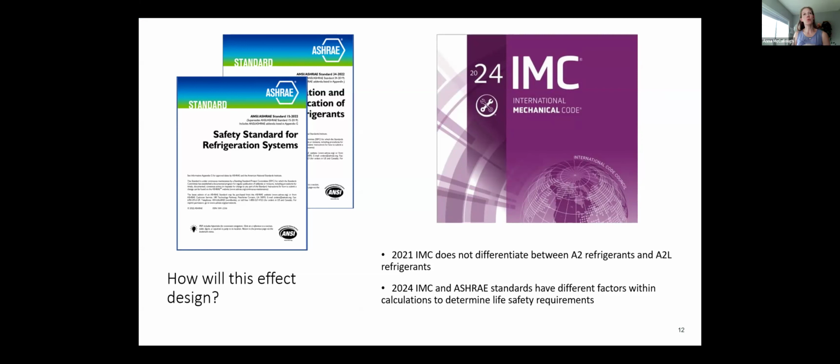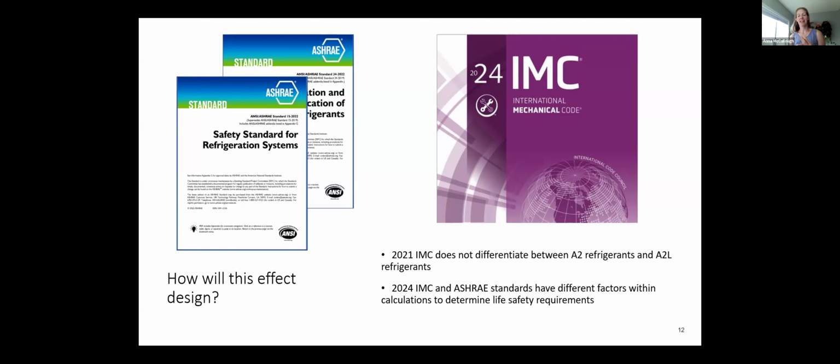And then the 2024 IMC is being updated to include calculations for the life safety measures around A2L refrigerants. ASHRAE standards 15 and 34, they're a package deal, and you can find them for free on the internet if you need some light reading before bed.